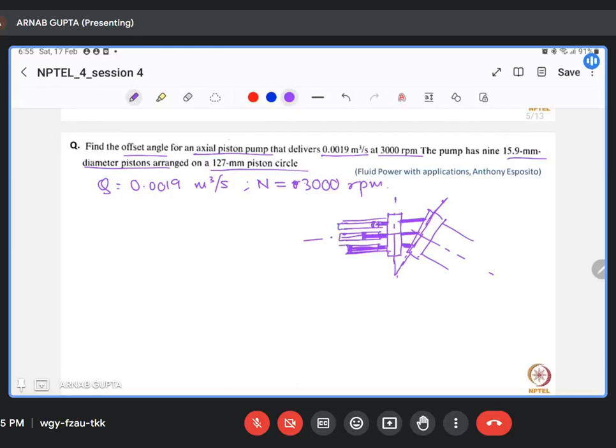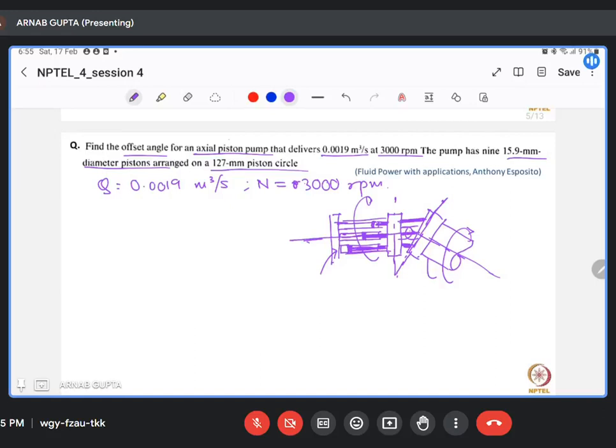This is one piston, this is the second one, this the third one, and if this is your drive shaft, then the suction will take place like this. If this is rotating, this will also rotate because these two shafts are joined by a universal coupling, so both are rotating.